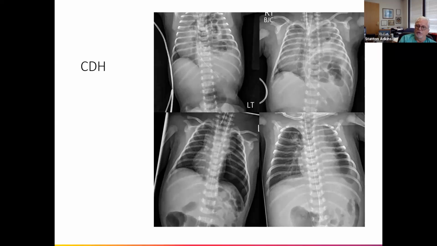In those kinds of situations, we may wind up on ECMO, but it's hard to say. We typically have to go on ECMO because of pulmonary hypertension, where the blood won't flow through the amount of lung that we have, and you have to give the child a chance to get over the PPHN.